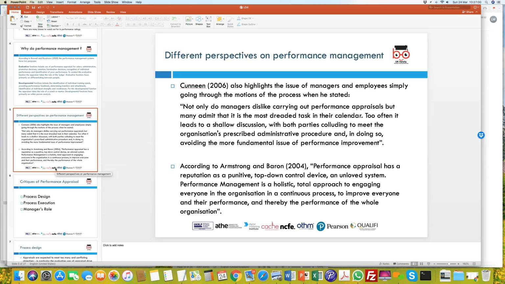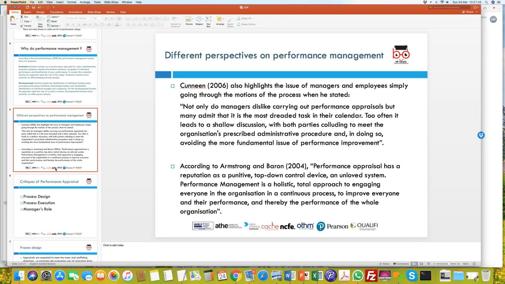Now, there are also different perspectives from different authors. Kunin, for example, and Armstrong and Baron, they have different perspectives in terms of what performance management is required for within the organization. Kunin highlights that there are issues which managers and employees simply go through, in terms of understanding how the activities are aligned within the organization.